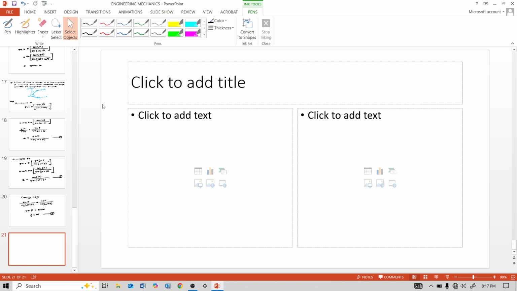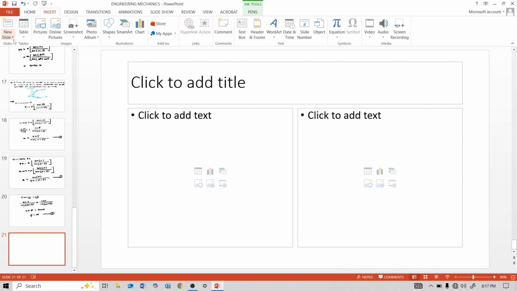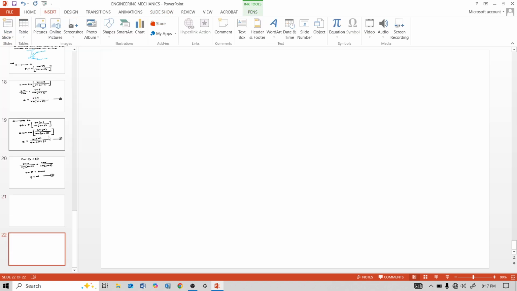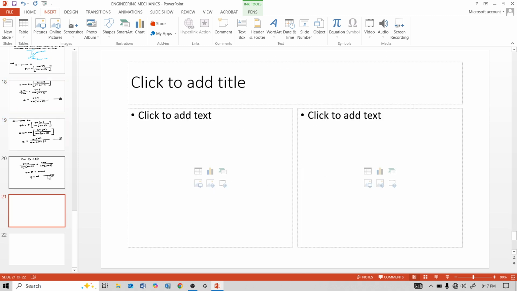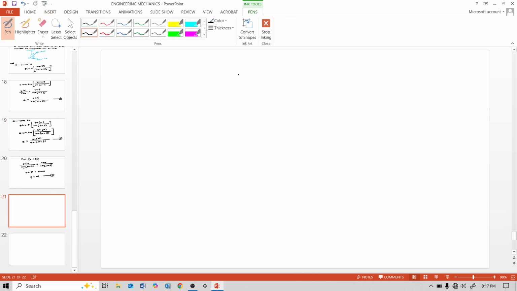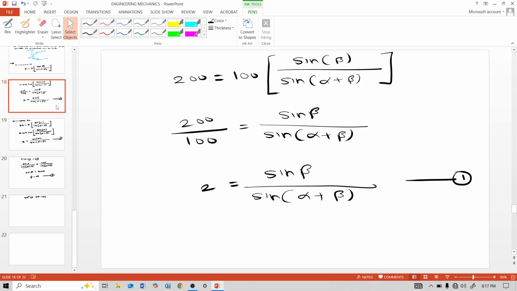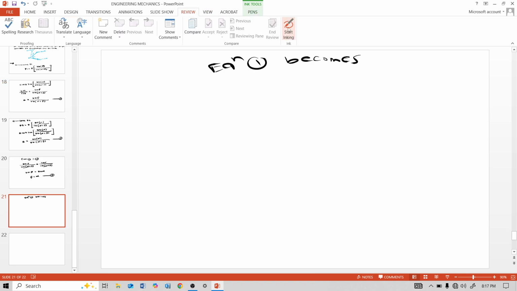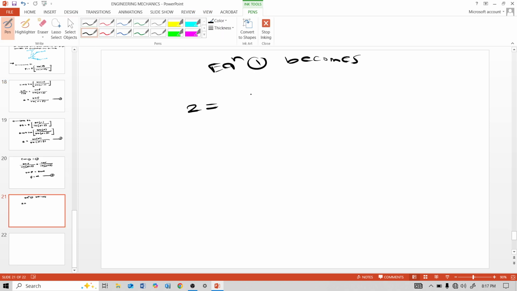Considering equation 1 again, 2 is equal to sine of beta upon sine of alpha plus beta.